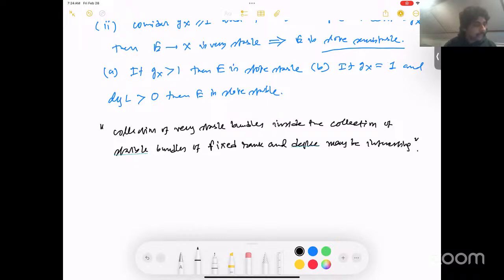So this is actually converging to the idea of a locus.